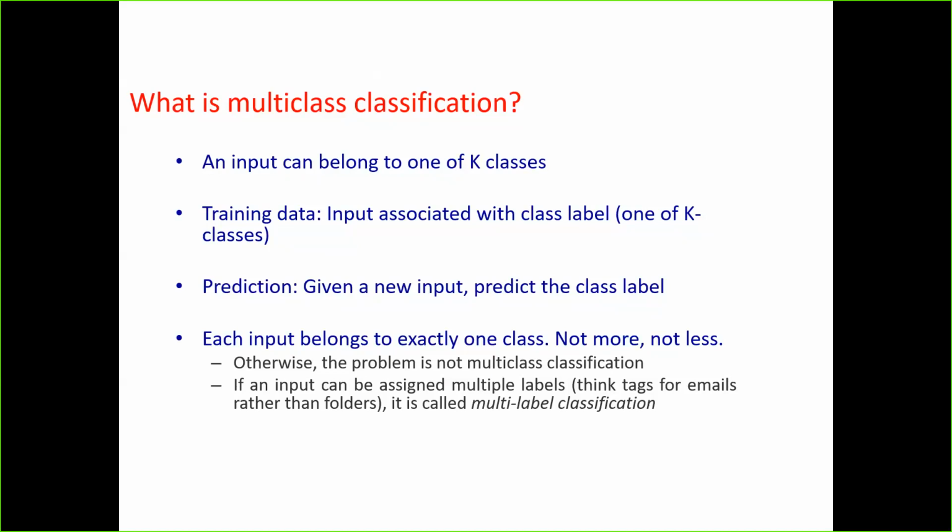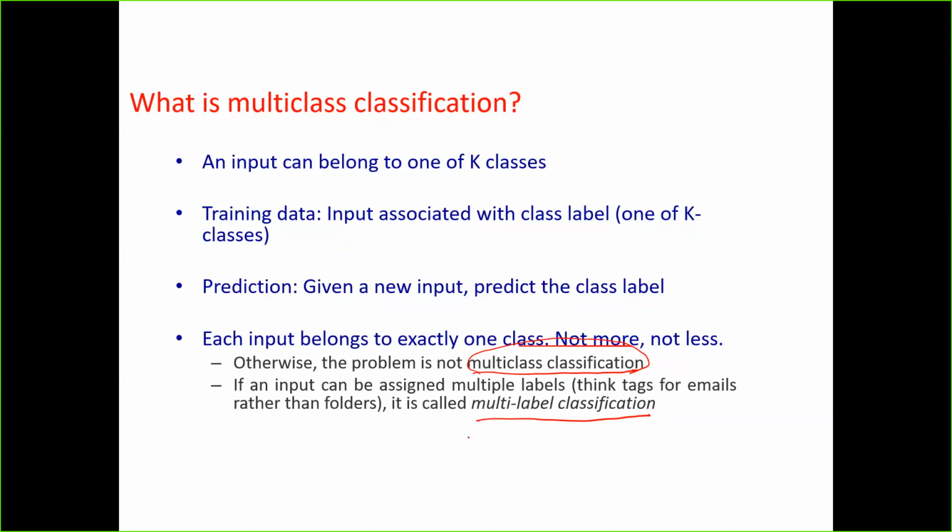Otherwise, we call the problem a multi-label classification problem. There is a difference between these two terms, please try to understand. One is the multi-class classification problem. The other is the multi-label classification problem. In a multi-class classification problem, there is only one target variable, in which each instance belongs to one of the k classes.